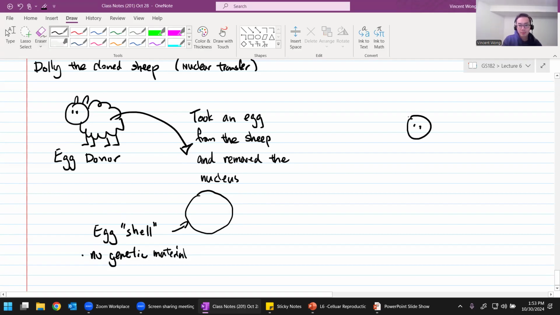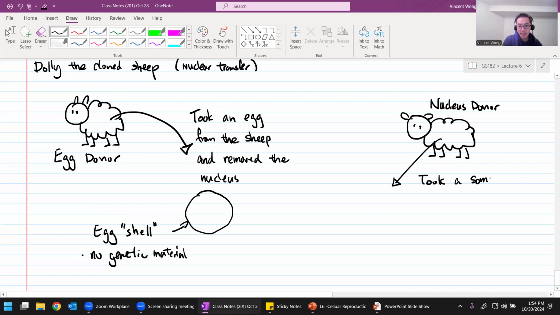And it's time to bring in another sheep. This is the nucleus donor. From the nucleus donor, they took a somatic cell. Remember, a somatic cell is just a cell that's not a germ cell. It's a bodily cell, could be from the liver, the skin, the kidneys, what have you.